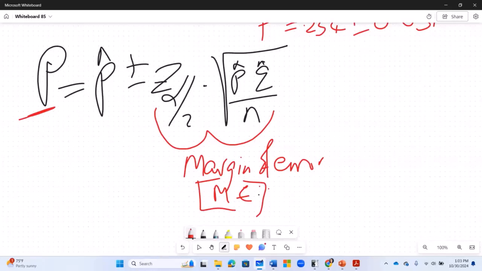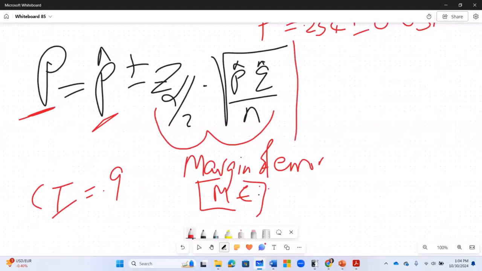So suppose you're given a confidence interval of 90% or 0.9, you can say, I am 90% confident that the population proportion could be found between the point estimate, the sample proportion, plus or minus the margin of error, provided the conditions are met.